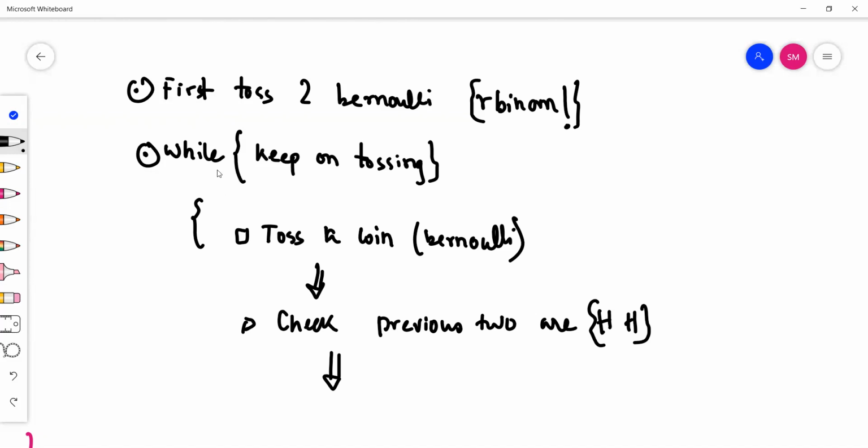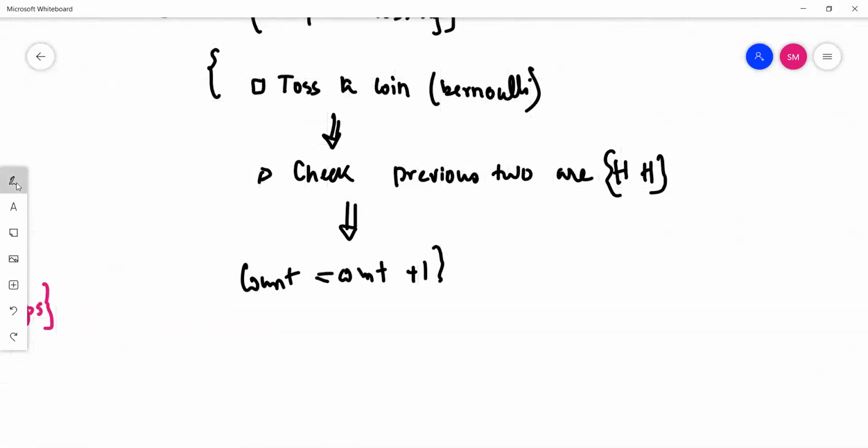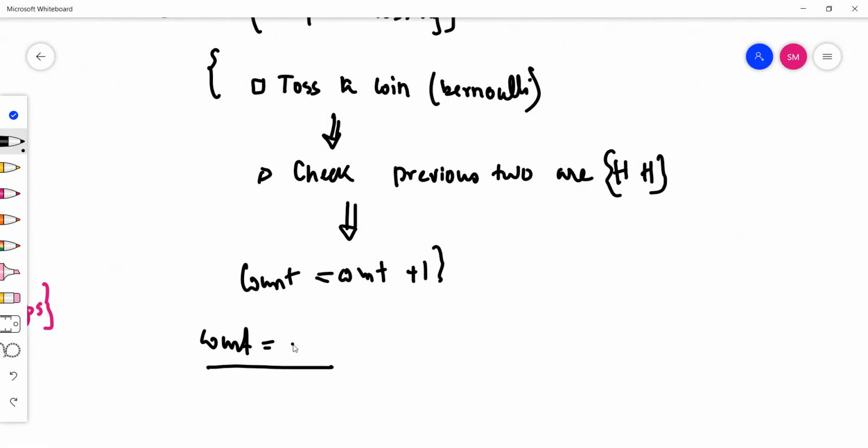Every time the while loop runs, count is equal to count plus 1. So when the experiment stops, this count variable will count the number of tosses required.